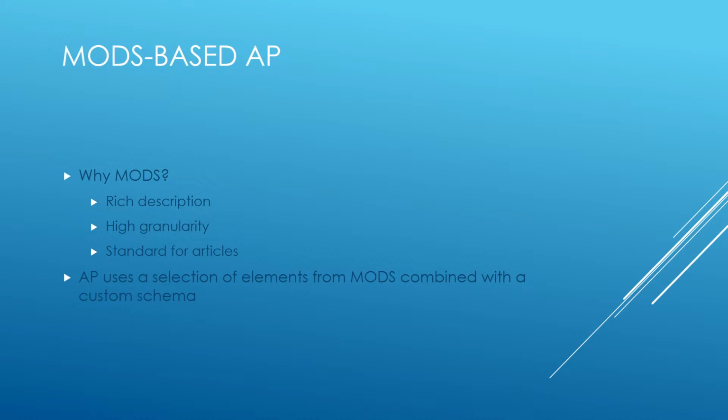So I thought it would be a really good fit for the particular collection that we've got at hand. The application profile uses a selection of elements from MODS combined with a custom schema, and the custom schema really isn't that big. It's one element big. But I wanted that extra bit of functionality to make it mine and not just watered down MODS.